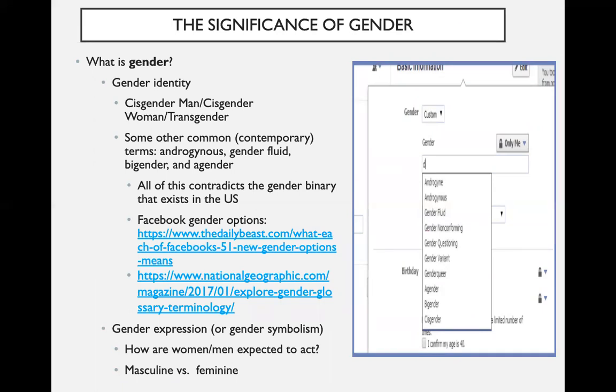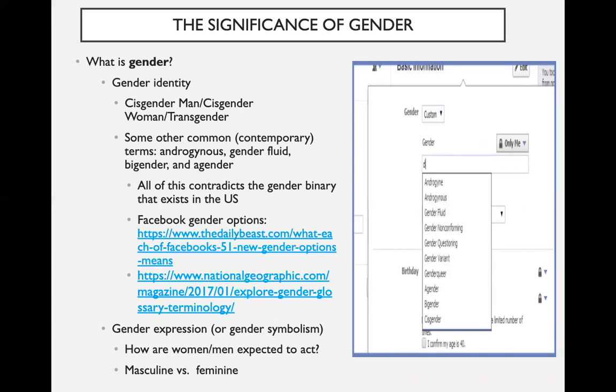So we start off with these biological categories, female and male, but then we build around these categories expectations for how we think males and females should behave, how we feel like they should look, how we feel like they should act, what roles they should play in society. And that's what gender is. It is the socially constructed narrative around physical sex.